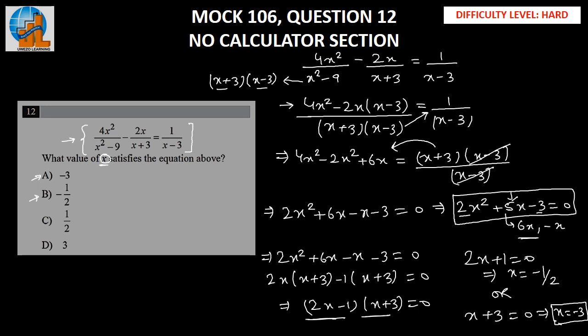Now if we look closely, if we substitute minus 3 here in this equation, this denominator will become 0, and once this denominator becomes 0, this equation will be undefined. Hence we can eliminate option A here, and option B is the correct answer.